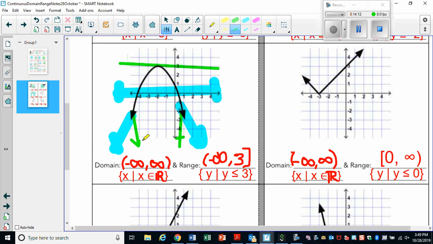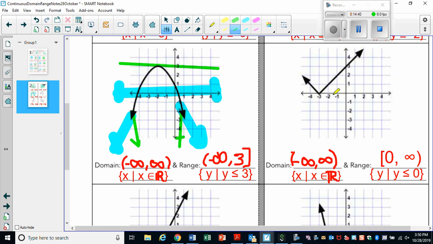And since we read from the bottom to the top, it'll be negative infinity to positive 3. That's our range. And for the set builder notation, it's such that y is less than or equal to positive 3, because the highest y value for this particular graph is at y equals 3.